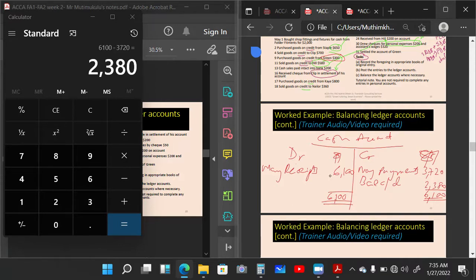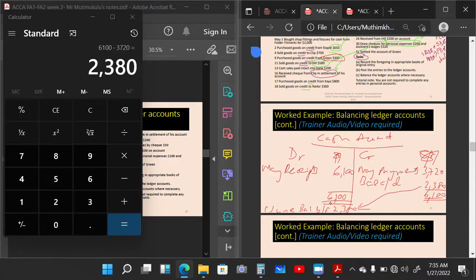But for June, on 1 June, it will be balance brought forward. The same figure should be taken here, 2,380.